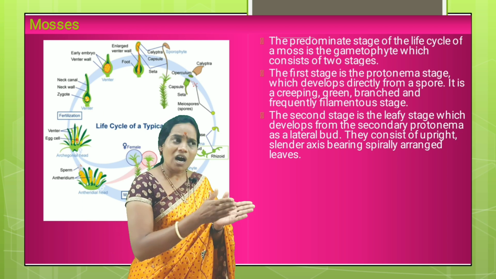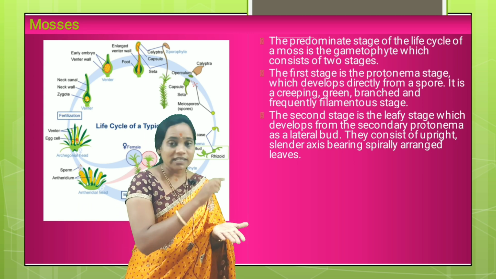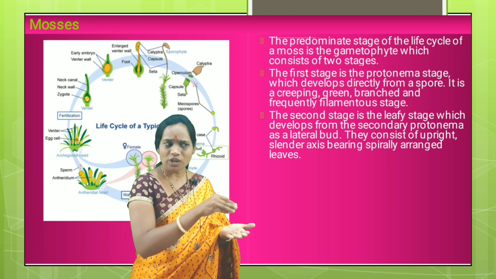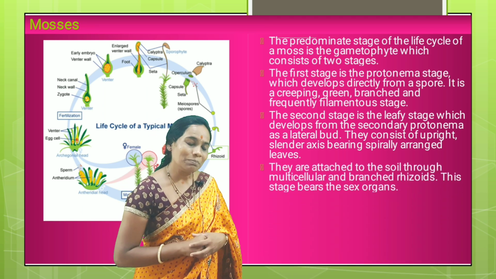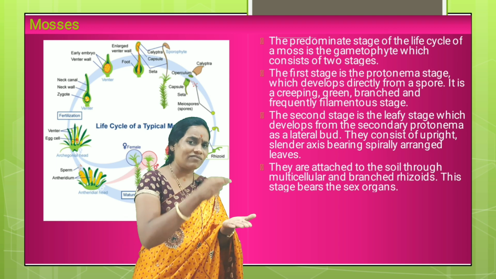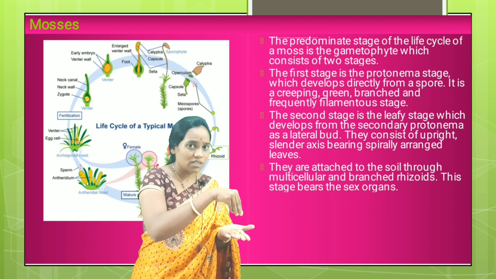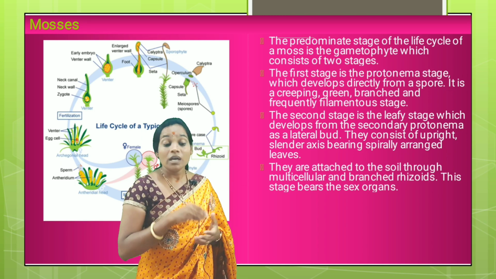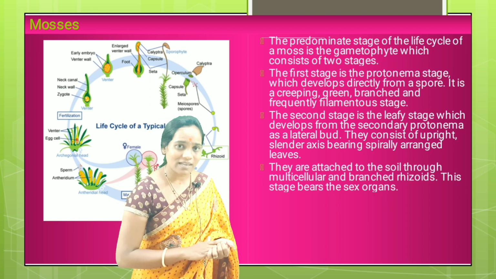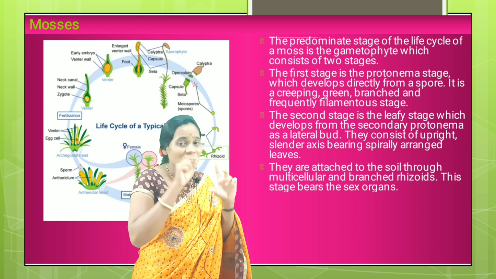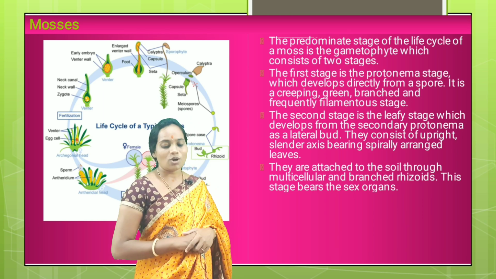But remember, how is the leafy stage of mosses attached to the substratum? They should attach to the soil to get water and minerals. They are attached with the help of multicellular branched root-like structures called rhizoids.